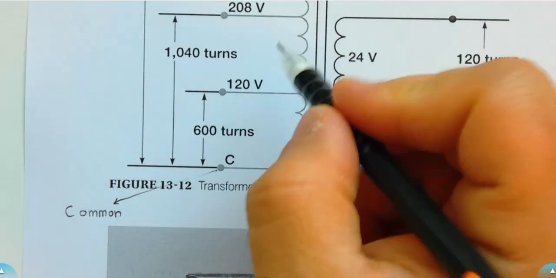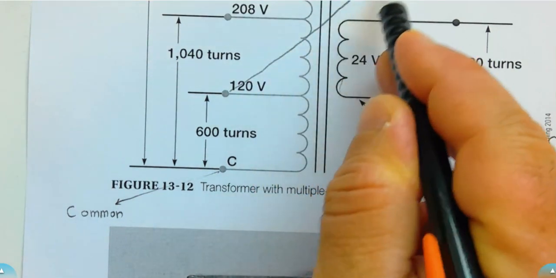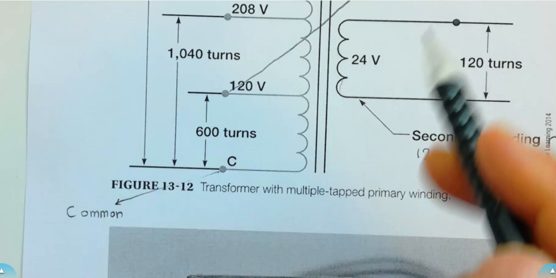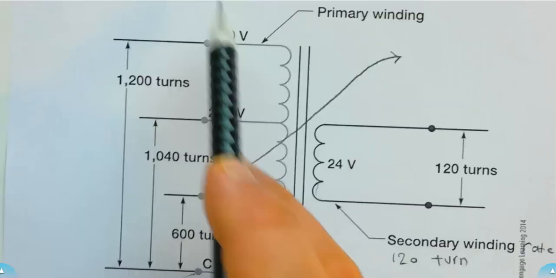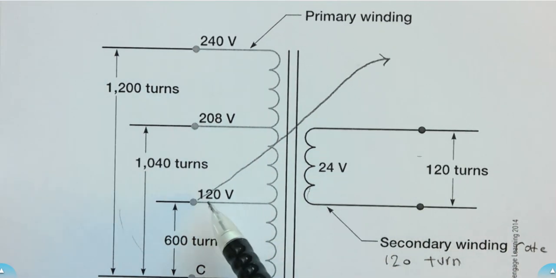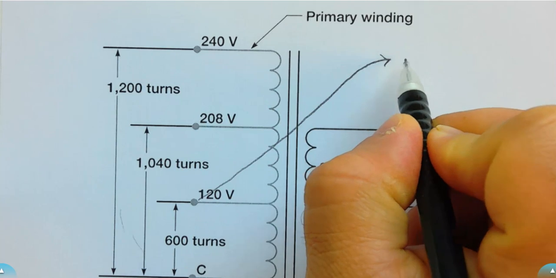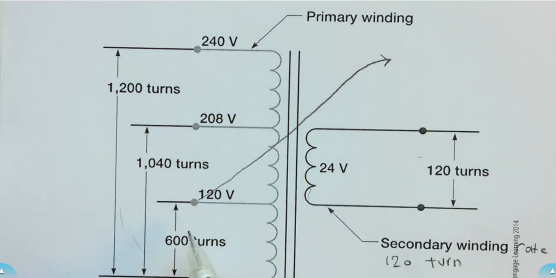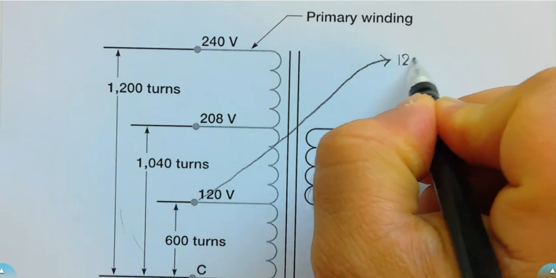For example, guys, we can take here 120. What does that mean here? This is the primary winding, and this is the secondary. For example, I will take one tap from the primary, which is 120 volts.